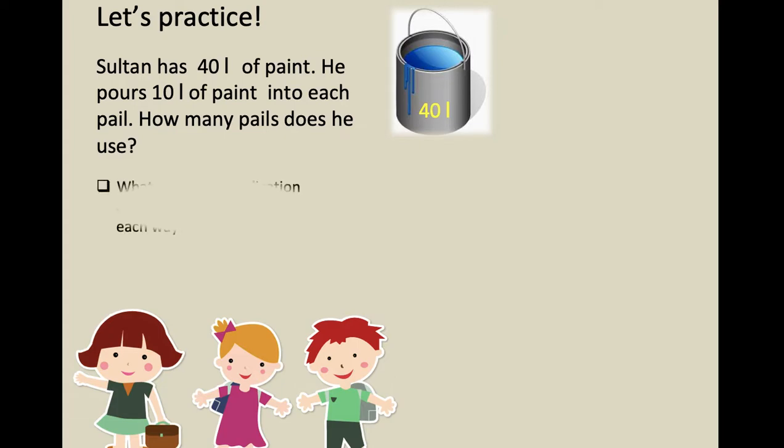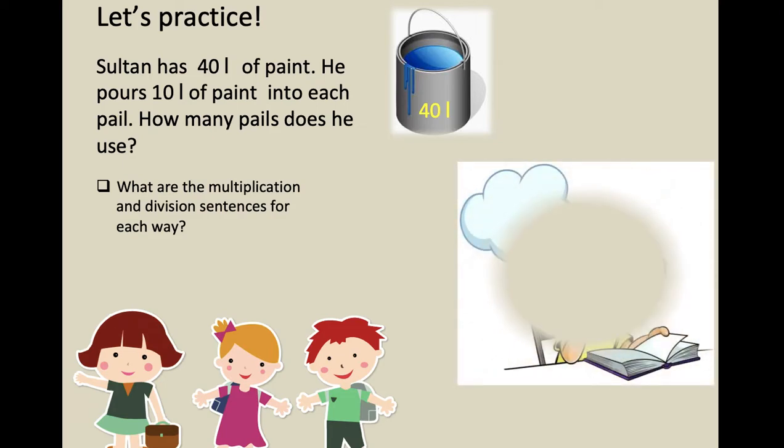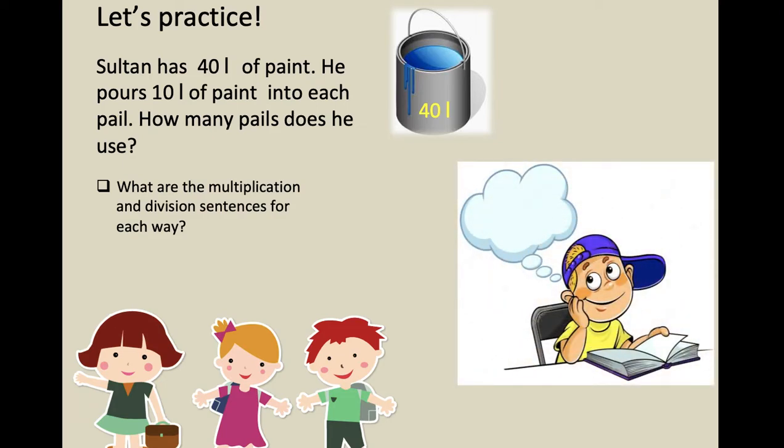What do you think are the multiplication and the division sentences for this? I want you to first work by yourself before you check with me. You can pause the video here if you want, and then you can check with the answers.